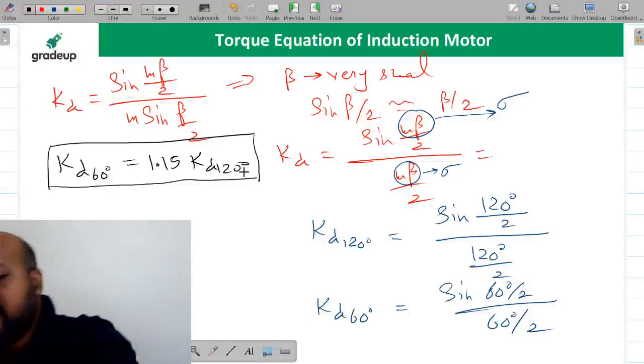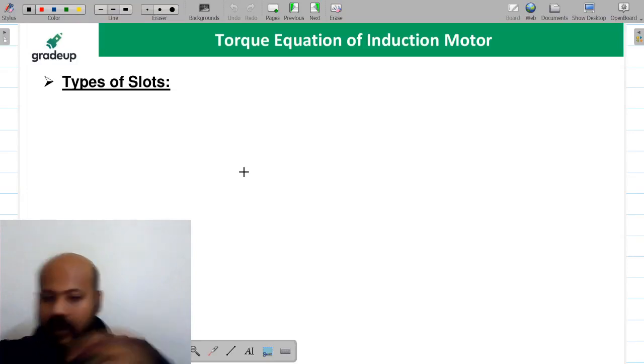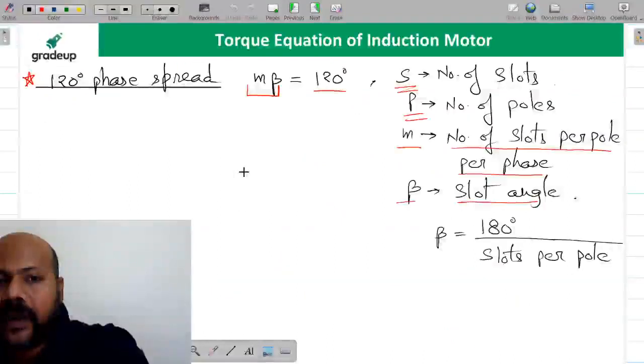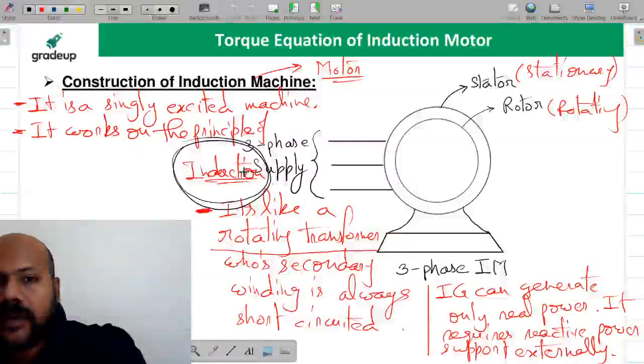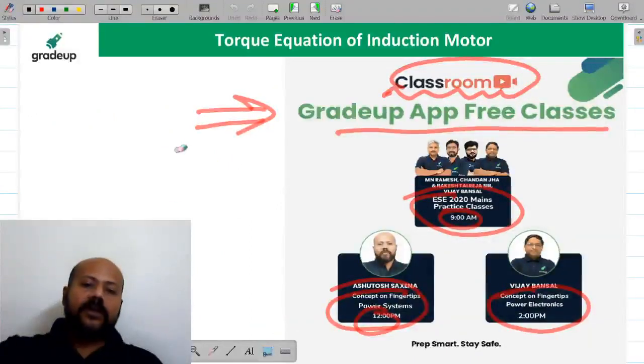Okay, now let us have some conclusions about that, then we are going to come to the slots. So some conclusions I want to draw here when we are discussing these. Let me use this space.